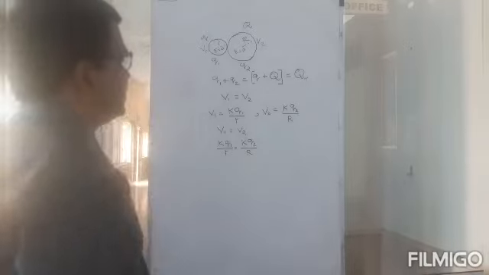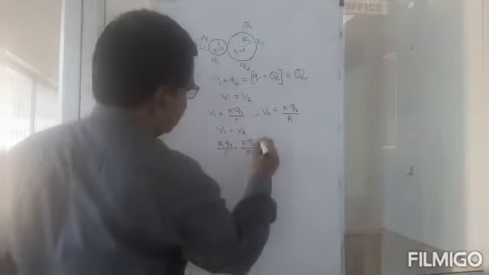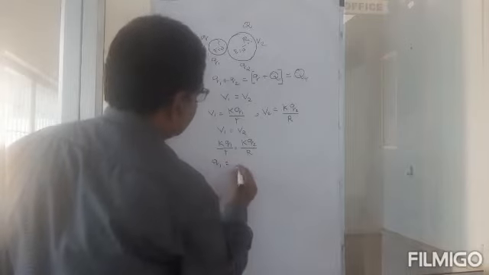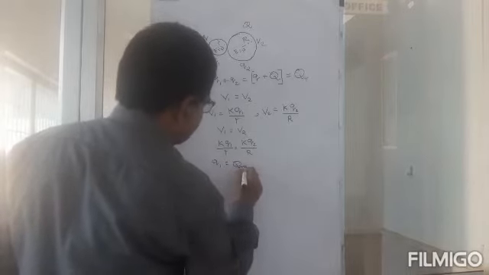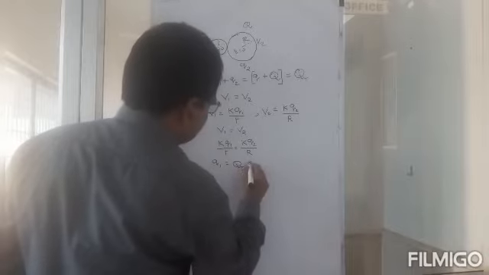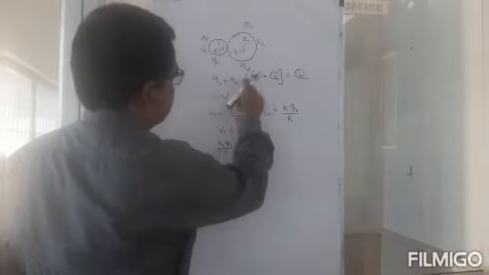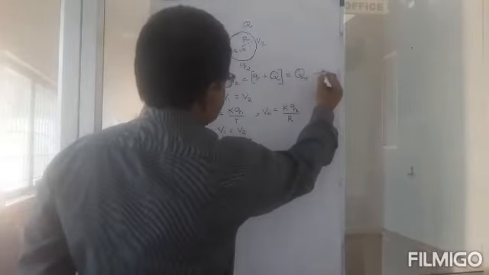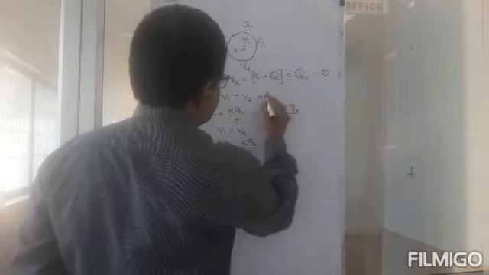Okay, so then what is Q1? I can say Q1 is equal to Qt minus Q2. I can call the first relation equation 1 and this one equation 2.